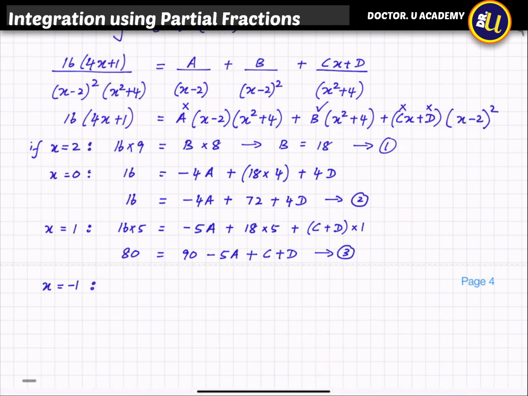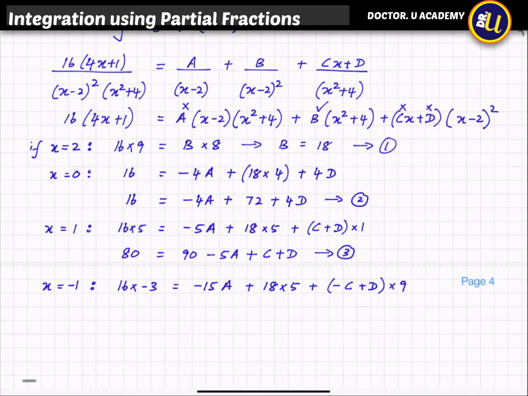So when x is equal to minus 1, your left hand side is minus 4 plus 1, minus 3, so 16 times minus 3 is equal to, now minus 1 minus 2 is minus 3 times 5, so it's minus 15a, plus b, we have 18, times 5, plus minus c plus d, minus 3 squared, it's going to be 9.